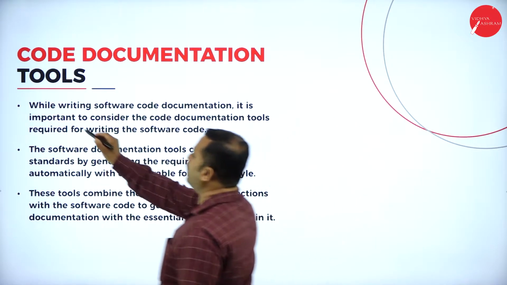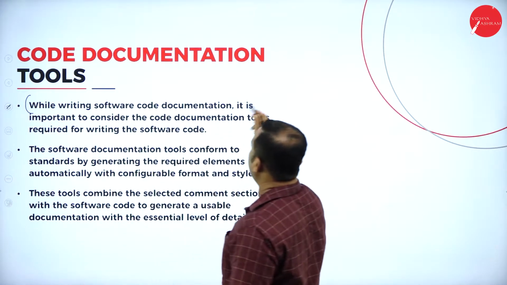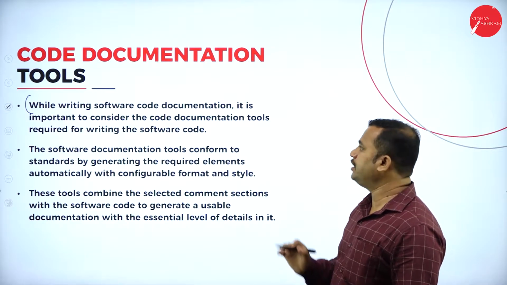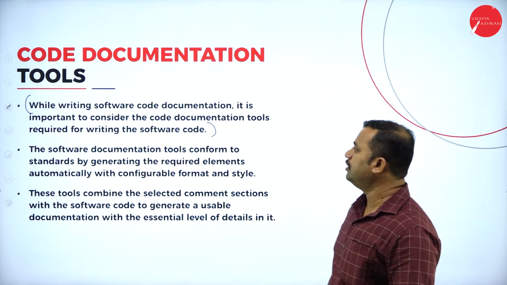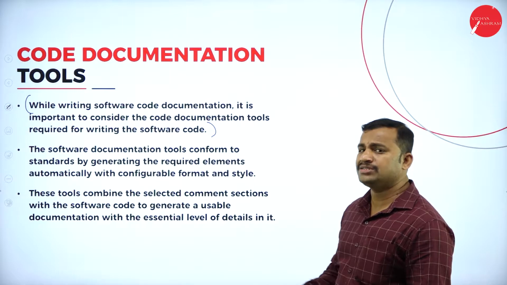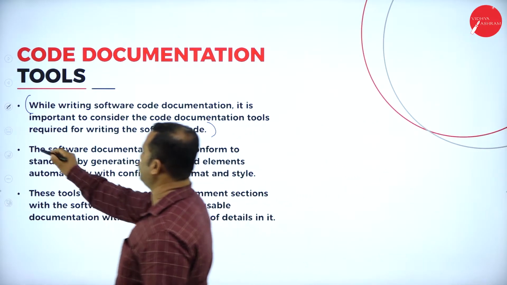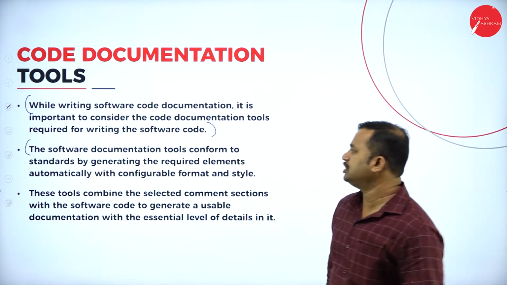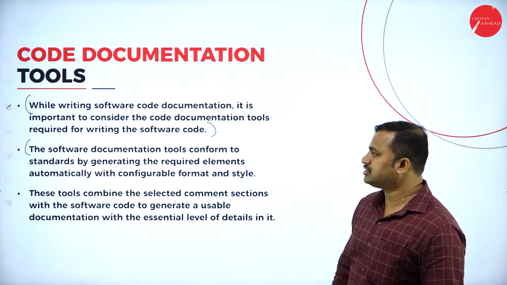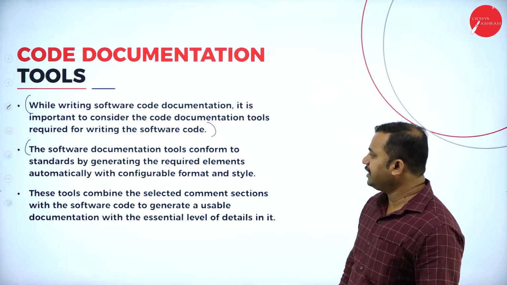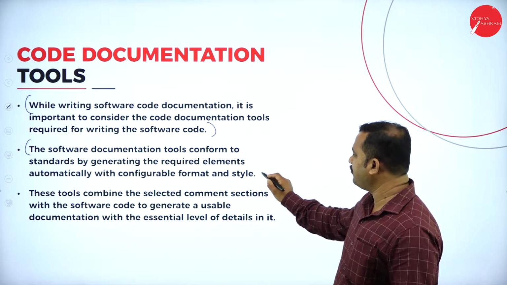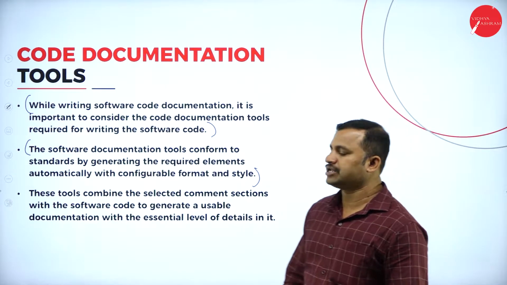While writing the software code documentation, it is important to consider the code documentation tool required for writing the software code. What is that tool? The software documentation tools conform to the standards by generating the required elements automatically with configurable format and style.